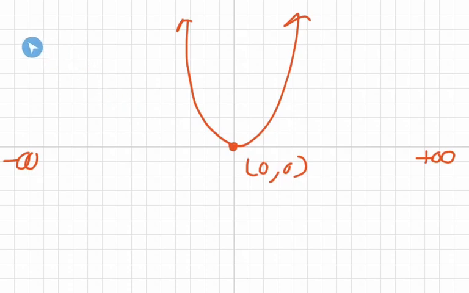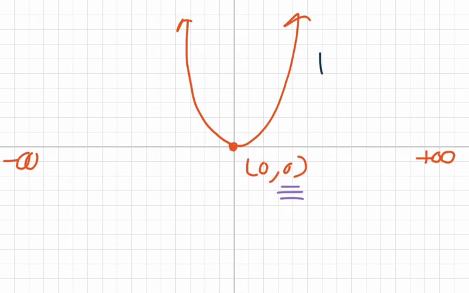I'm exaggerating what this looks like, but eventually the parabola is going to get over there. But if you look at the y-axis for this, the parabola comes down, it gets all the way down to y equals 0, and then it turns around and it heads in the other direction. The y value is never negative. It never goes below y equals 0.